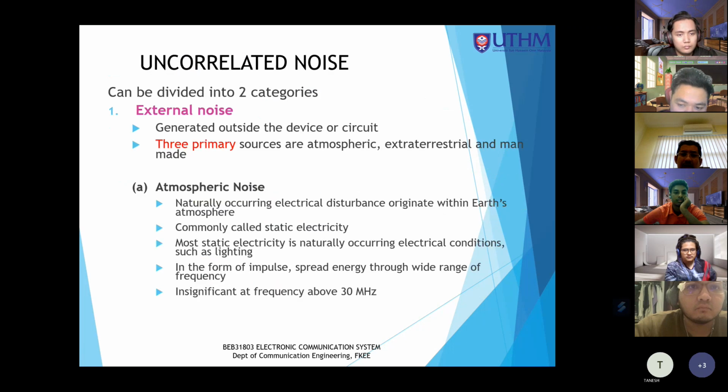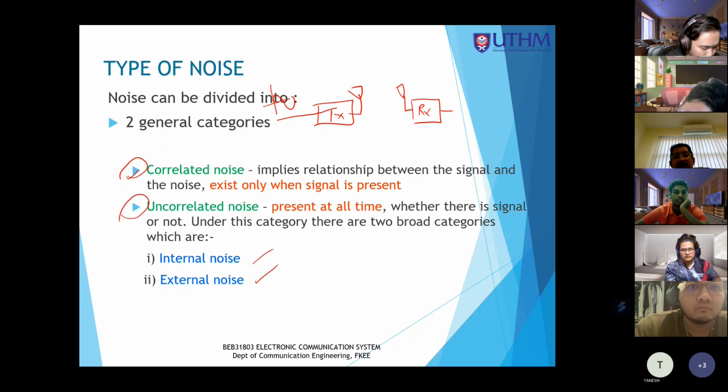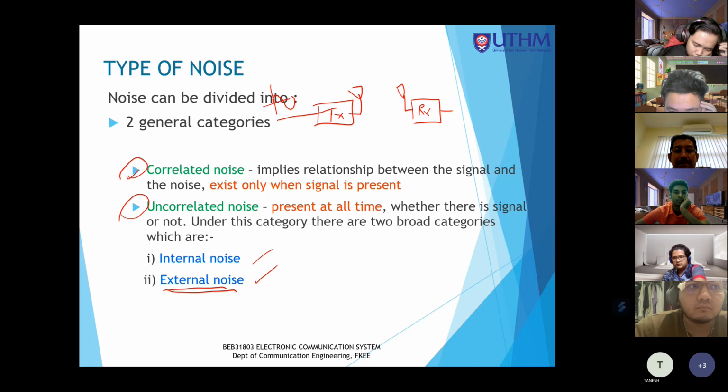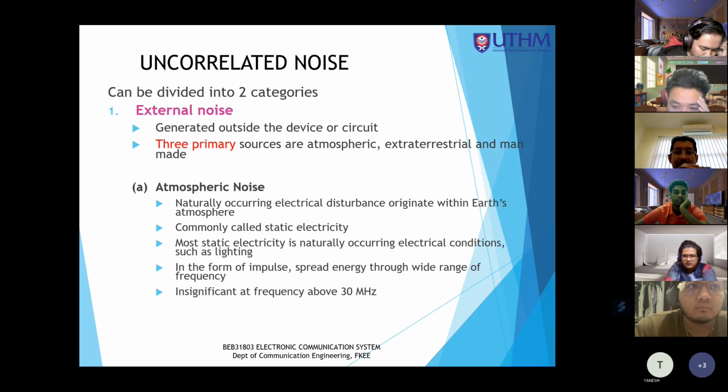Okay, so kalau you lihat walaupun dia berlaku di luar, dia wujud daripada luar daripada sistem, tetapi dia sebenarnya mengganggu penghantaran signal daripada transmitter kepada receiver. Okay, dan kalau kita lihat, we go deep into the external noise.